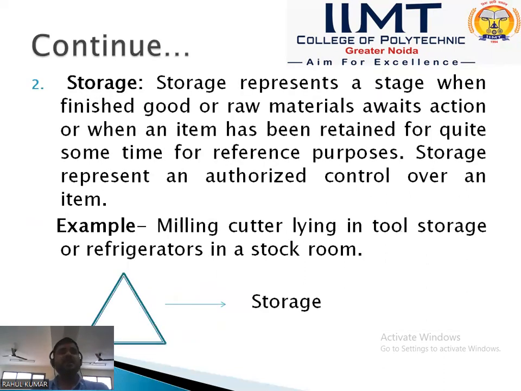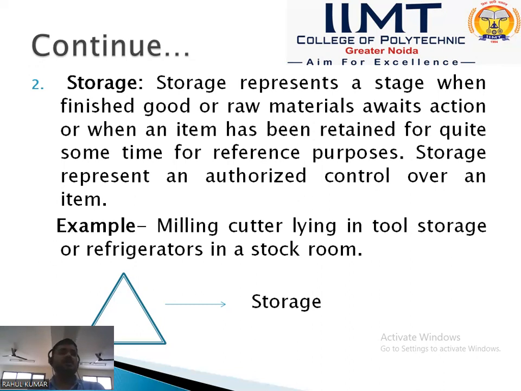And the second symbol is storage, which is represented by the triangle. Storage represents a stage when finished goods or raw material await action, or when an item has been retained for quite some time for reference purposes. Storage represents an authorized control over an item.